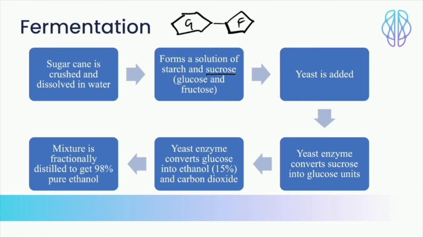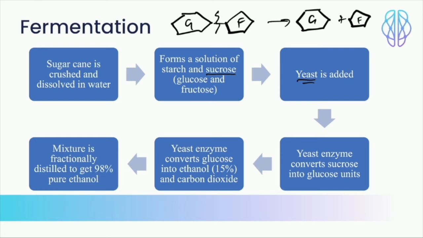We then add yeast. Yeast is where the magic happens. Yeast has two roles in this fermentation process. Firstly, it breaks up the sucrose dimer to make individual monomeric units, so you get one glucose and one fructose.